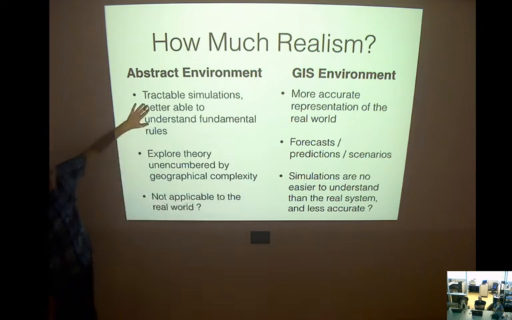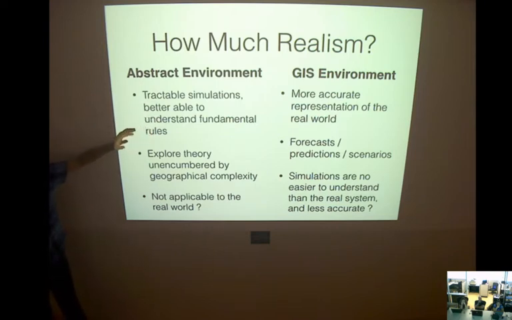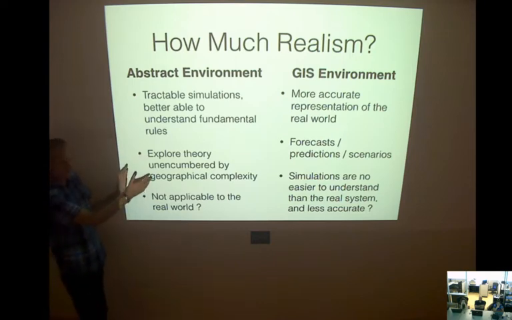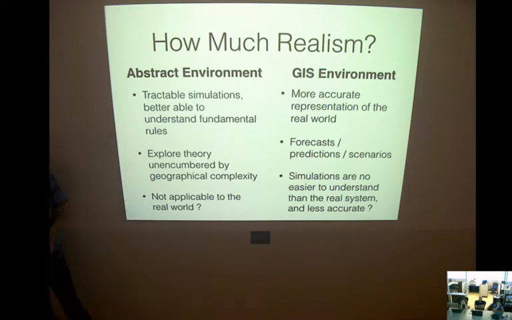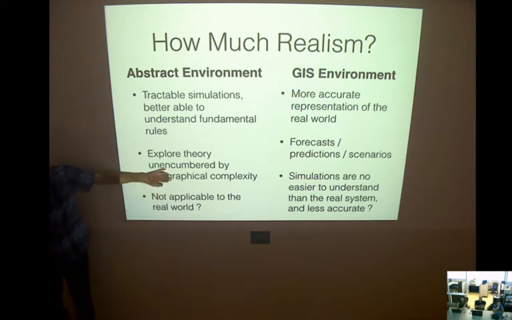Some people would say that simple toy models, as people would describe, say, the Schelling model, are nice because you can understand them. You can understand how the rules function and so forth. Often the argument for very simple models is that they're there purely to explore theory, and therefore, because there's no real geographical information in these models, apart from your surrounding cells, you're unencumbered by the complexities of the geometries.